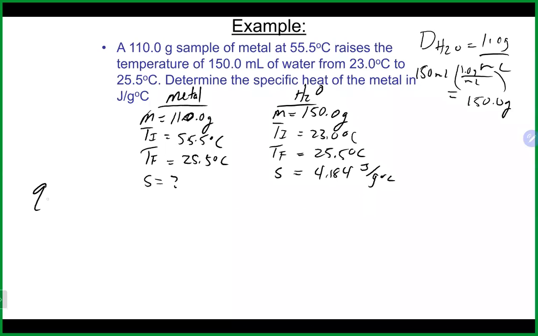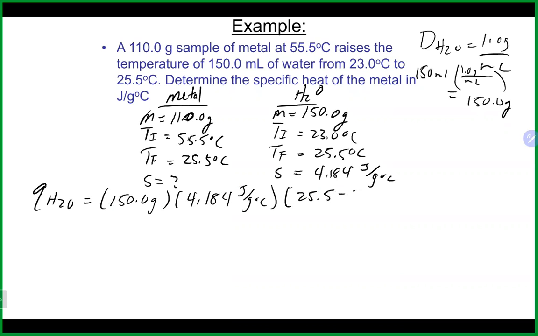So the Q of water will equal our mass, which is 150 grams, times the specific heat capacity. Again, doing final temperature minus initial temperature for our water, we get 150 times 4.184 times 25.5 minus 23.